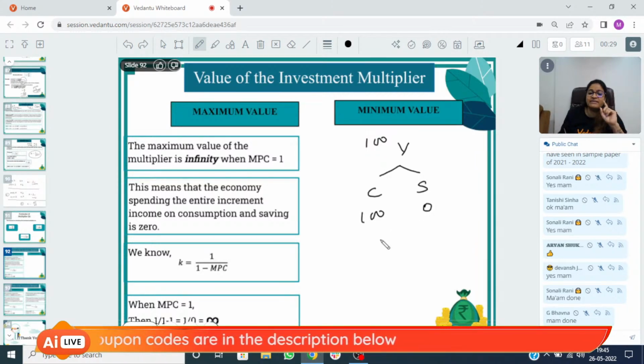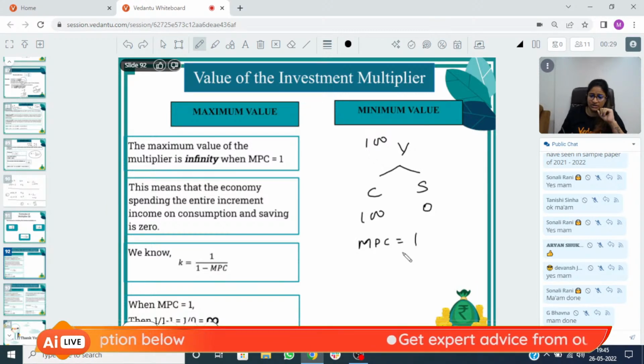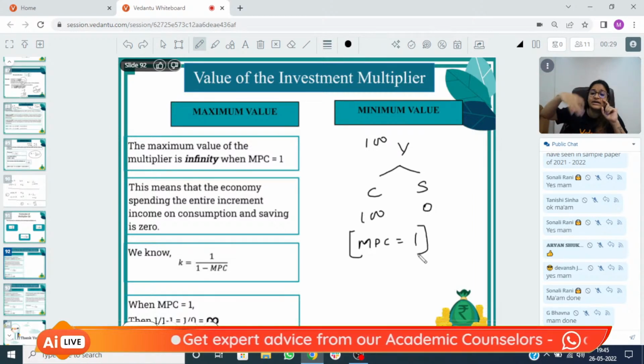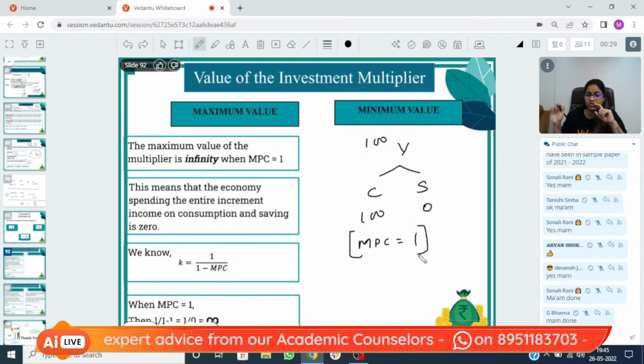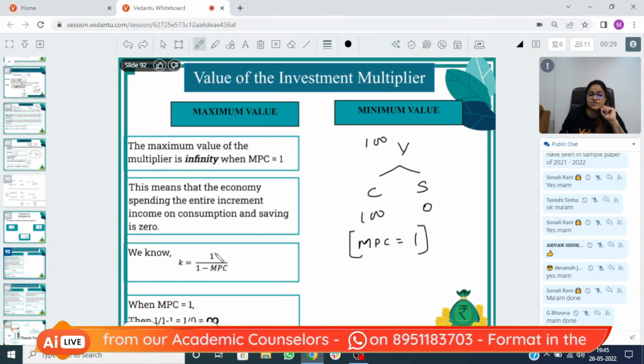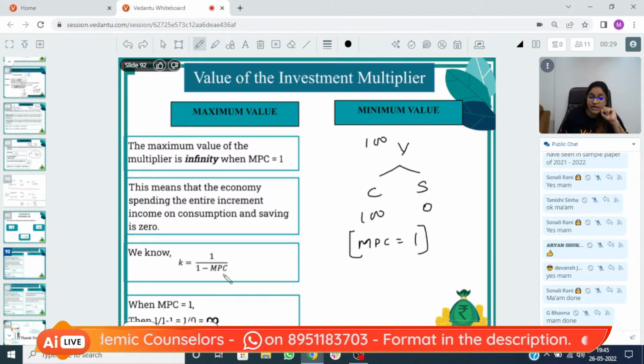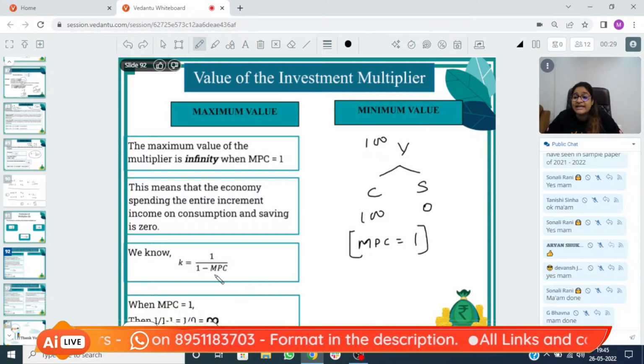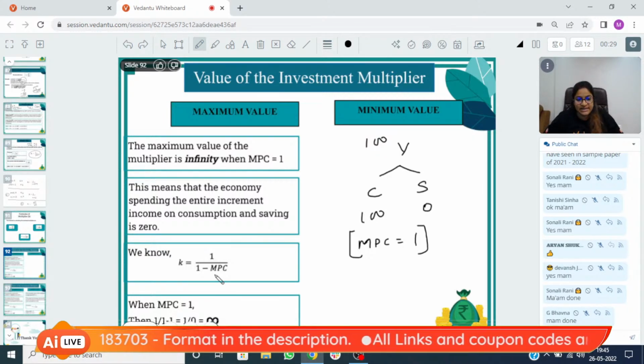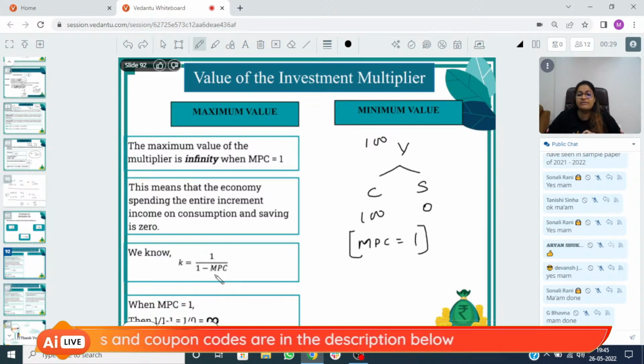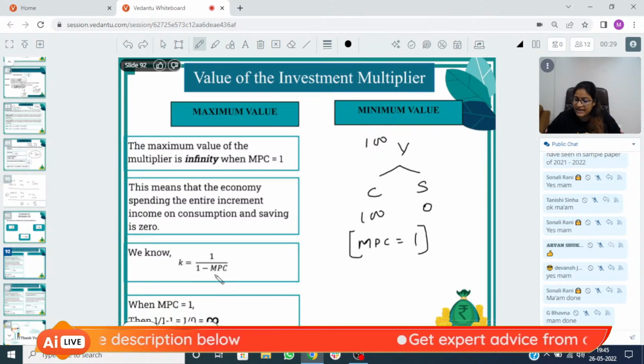So can I say in this case the value of MPC will be equal to 1. MPC will be equal to 1 when we are spending our entire income. Yes or no? When the value of MPC is 1, we will get 1 upon 1 minus 1, which is equal to 1 upon 0. So in this case, the value of multiplier will be infinite. Yes or no? The value of multiplier will be infinite. Correct, everyone? Are you understanding?